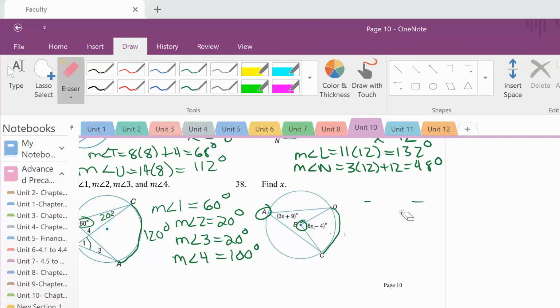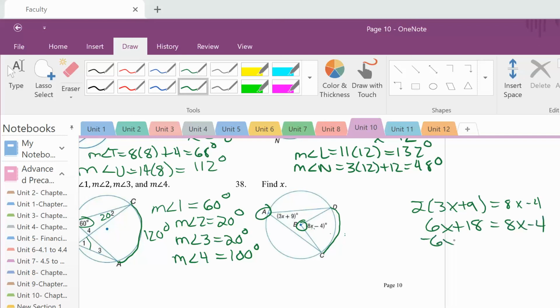So 2 times 3x plus 9 is equal to 8x minus 4, because 8x minus 4 would be double 3x plus 9 since it's a central angle. So 6x plus 18 is equal to 8x minus 4. Subtract 6x to get 2x, add 4, and then x is equal to 11.